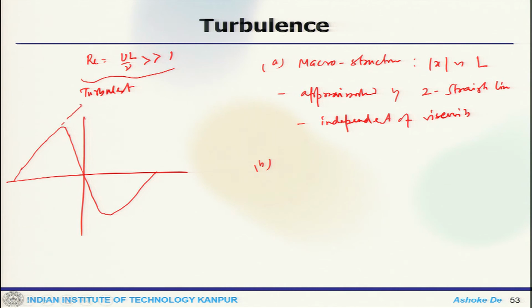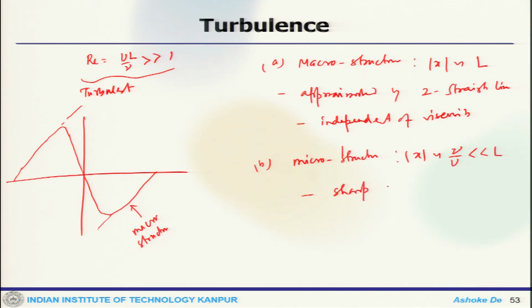So, this is the straight line that we are talking about, that is essentially the macro structure, and then we can have micro structure where nu by u is less than L. So, there would be sharp gradient and viscous diffusion dominates.